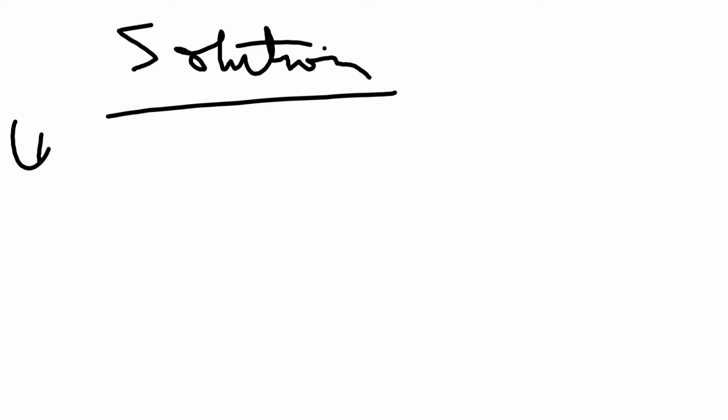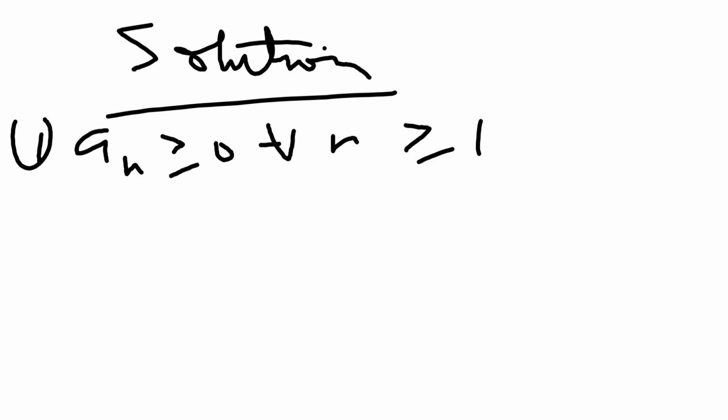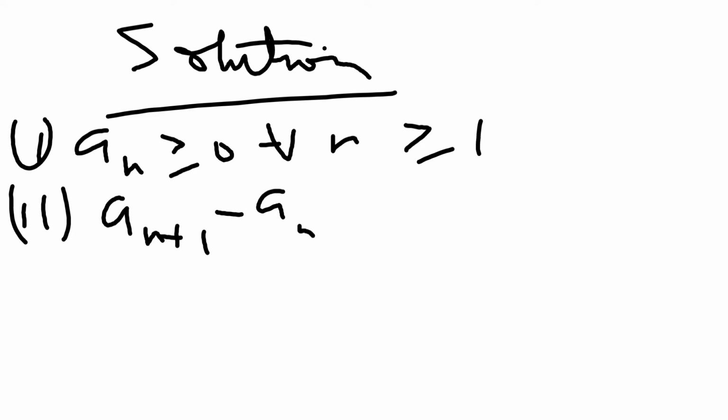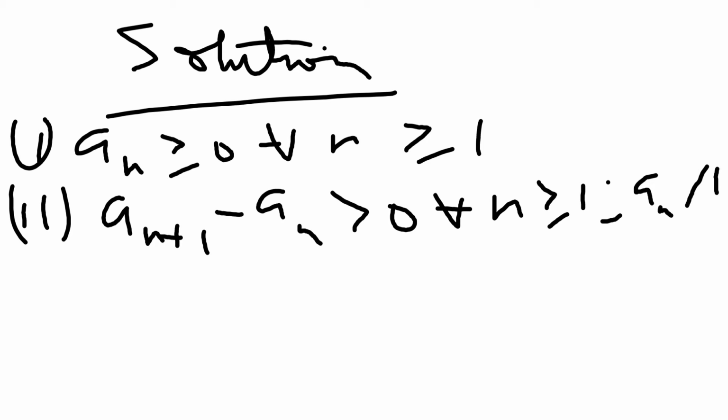So for number 1, our an is greater or equal to 0 for all n greater or equal to 1. Again, an plus 1 minus an is strictly greater than 0 for all n greater or equal to 1. What does this mean? That an is monotone increasing.